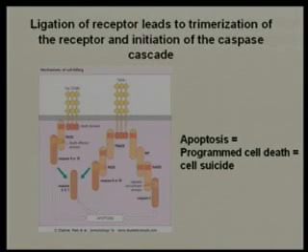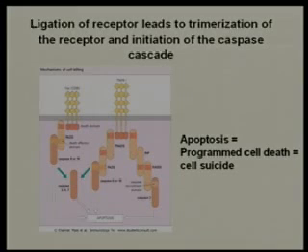The importance is shown here. So again, this is FAS. On ligation with FAS ligand, it activates a number of different processes, a number of different domains. Shown here, you have FADD, which is FAS-associated death domain. So that's the death domain here. This activates caspase 8, which leads to caspase activation 3, 6, or 7, induction of apoptosis.